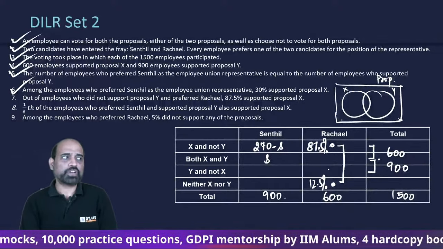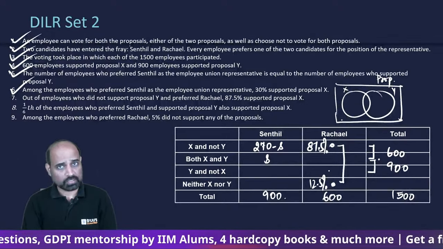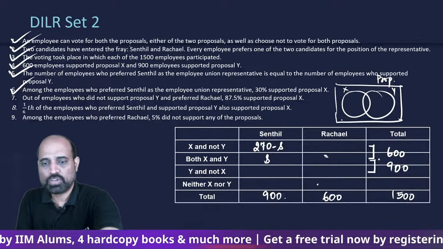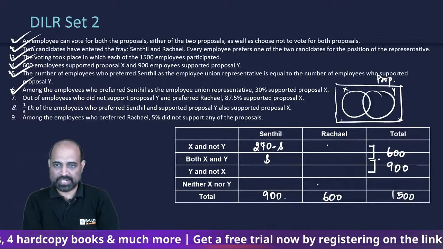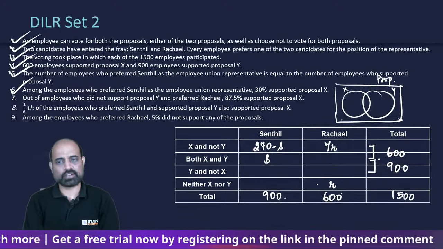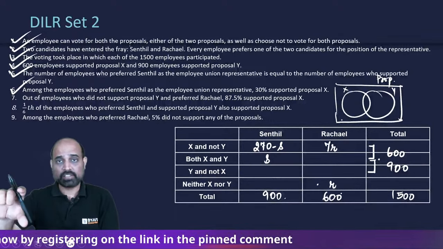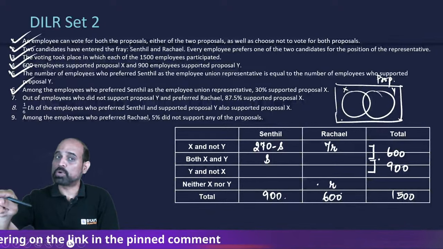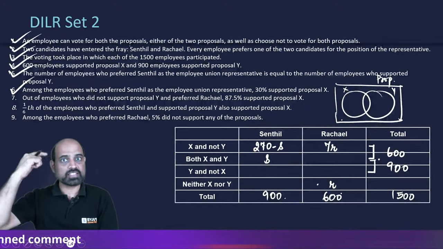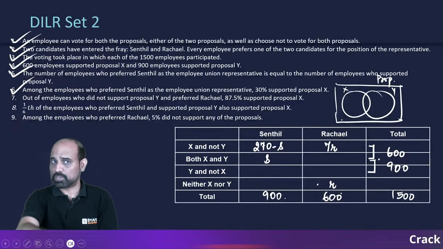So 87.5 and 12.5, what is the ratio? 7:1. 12.5 times 7 is 87.5. So what I will do is I will write here 7R and R. I hope this will make sense. The total number of people who don't support Y and support Rachel is 8R. Of that 8R, 7R supports Rachel as well as X. That's exactly what the 7th statement is saying.